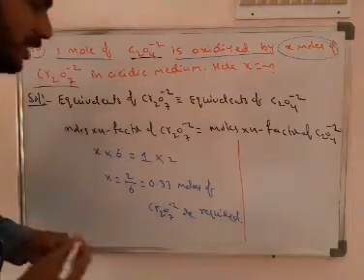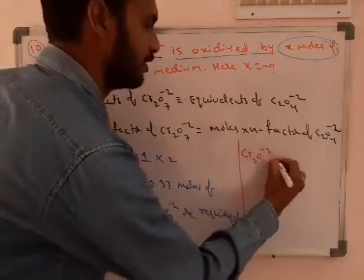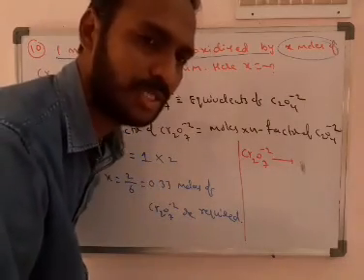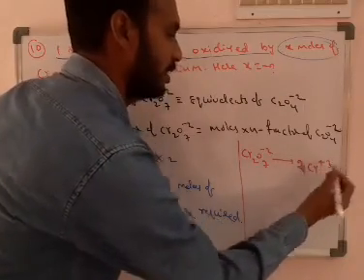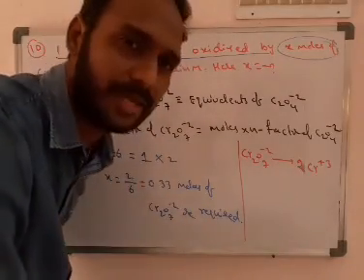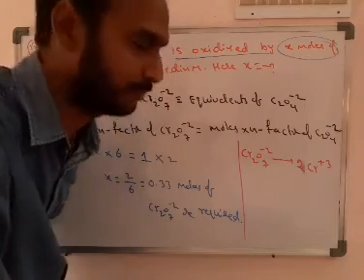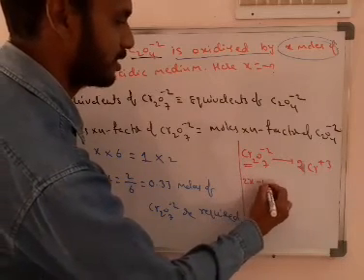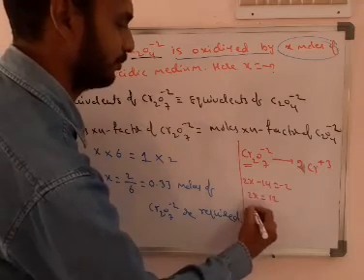Now the important thing is the N factor. So the N factor of dichromate Cr2O7 minus 2. We must know the change in it to calculate the N factor, or if you are able to remember, there are fixed N factors for many compounds in different mediums. So here the chromium oxidation number, if you calculate, 2x minus 2, 2x equals 12.